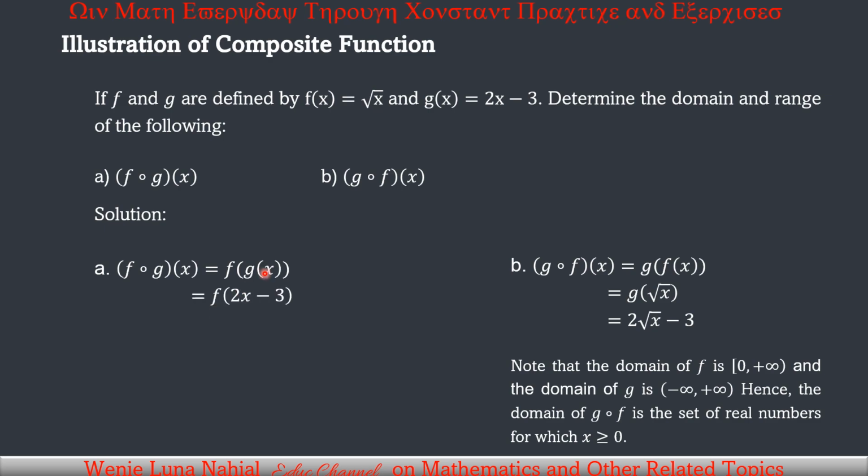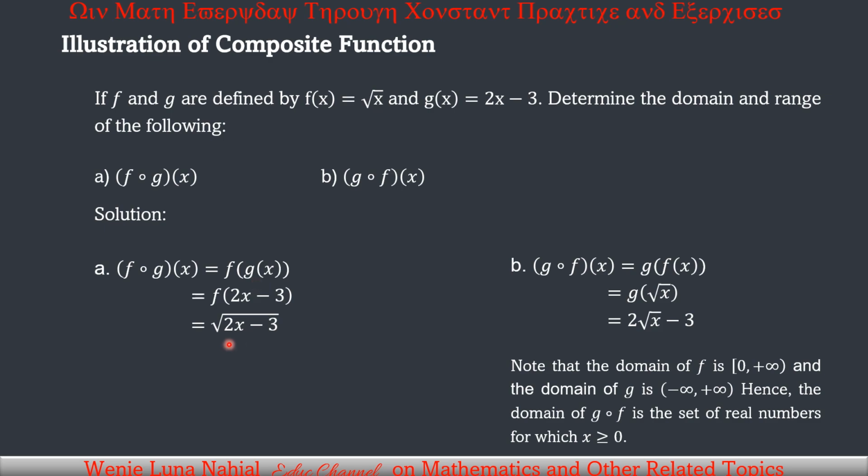Now take note that this g of x is replaced by its definition, which is 2x minus 3. Then this becomes the input in function f. Okay, so you have the square root of 2x minus 3 because our function f is defined by the square root of x. So this x is replaced by the definition of function g, which is 2x minus 3.